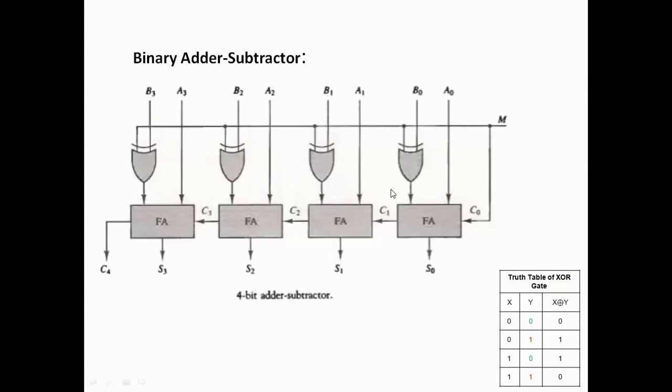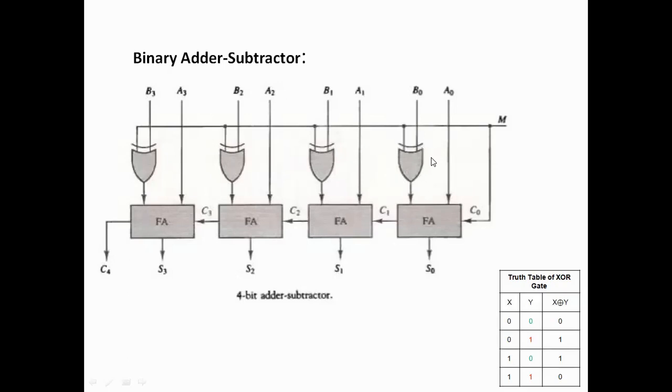So now we have to do something so that when there is addition, this will remain as B, and when there is subtraction, it becomes not. For that, we already have a gate in digital, which is called the Xor gate. For this type of thing, we have an Xor gate.